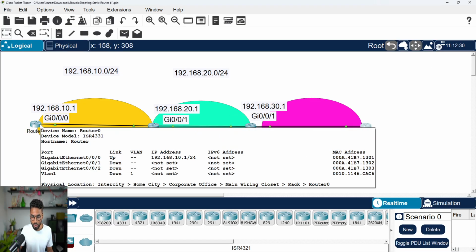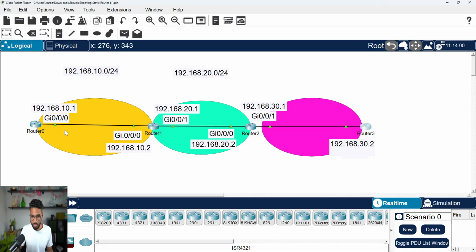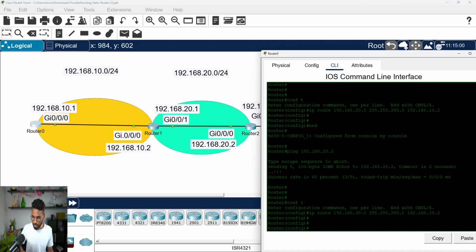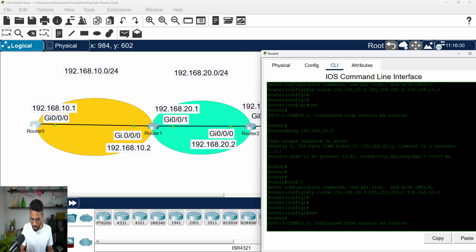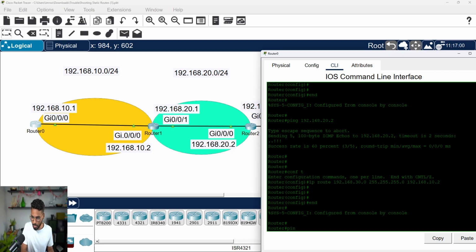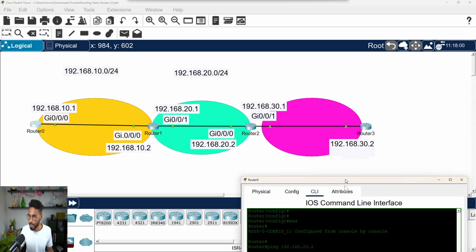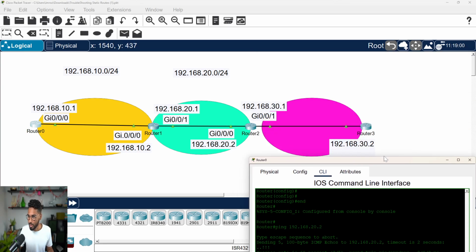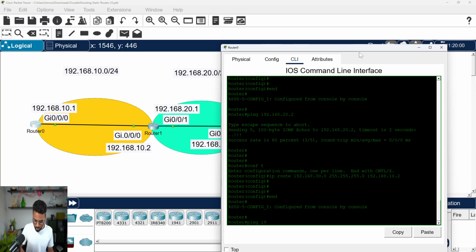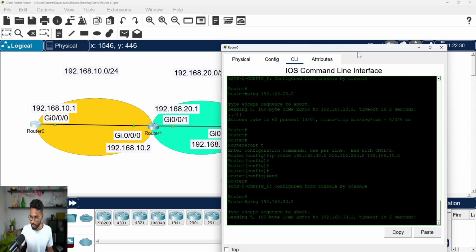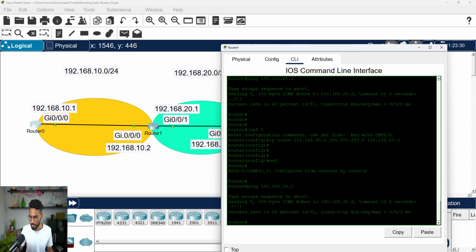We should be able to ping from router 0 to router 3. Let's go back to the privileged access mode. Now that we're here, let's try to ping this IP, 192.168.30.2. That is successful.